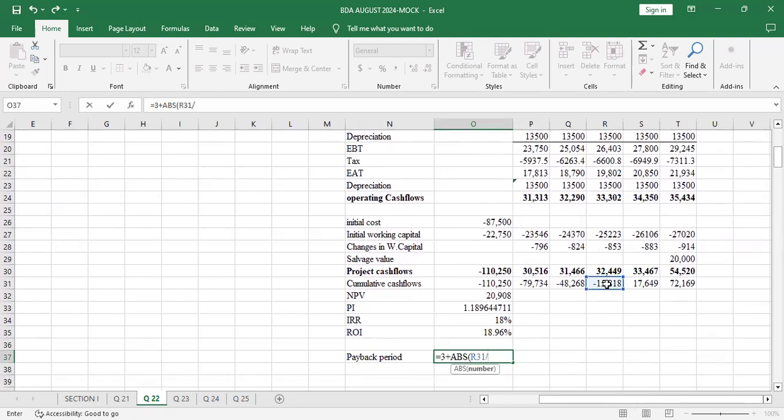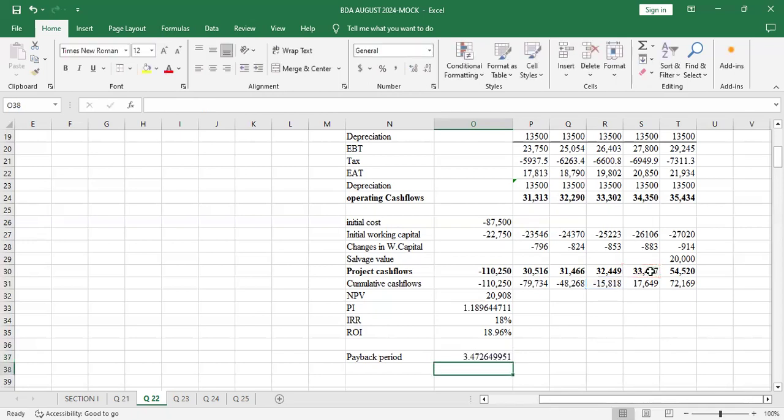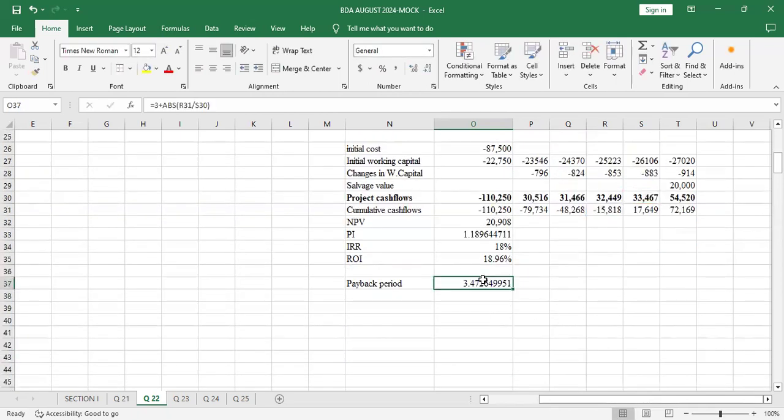Then you divide by the project cash flow for year 4, because it lies between 3 and 4. Close the bracket, then enter. It will give you 3.47, almost 3.5.